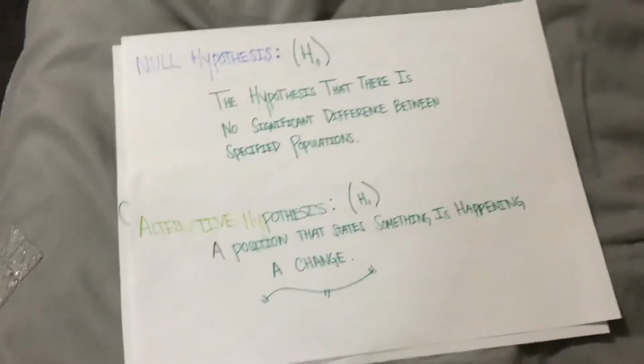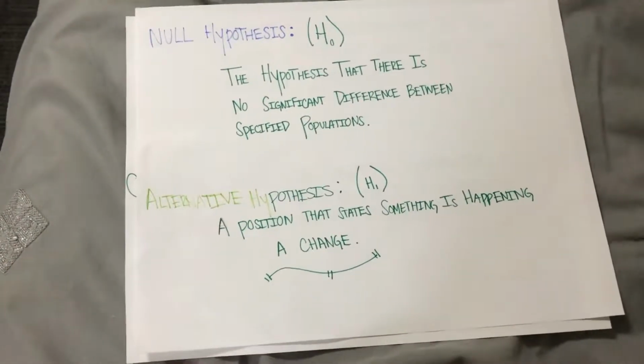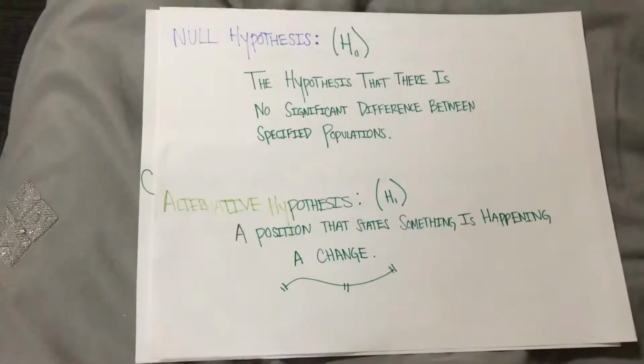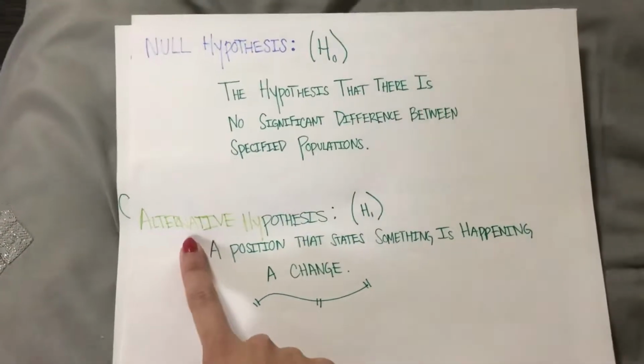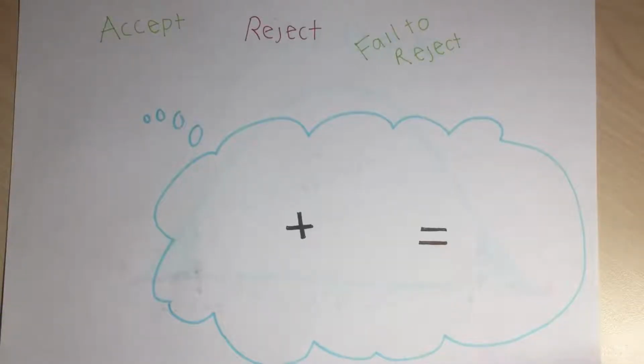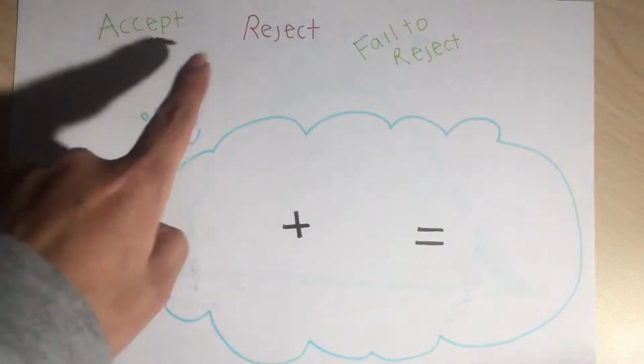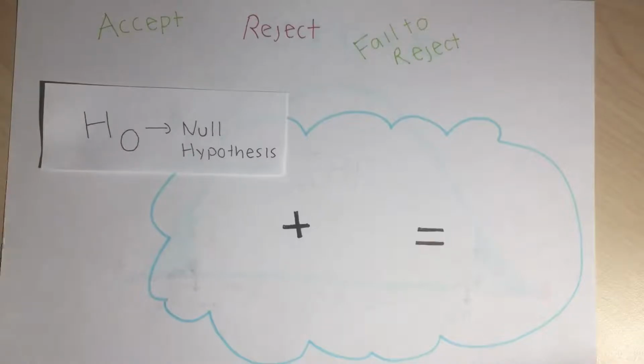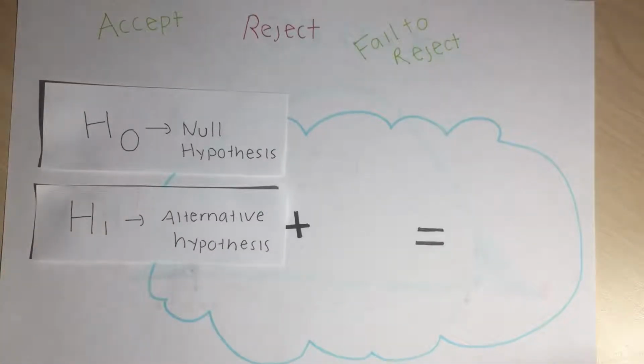Now Abigail will be talking about what it means to accept the null hypothesis in certain situations, or to accept the alternative hypothesis. Hello, I am Abigail, and I'm going to be explaining what it means to accept, reject, or fail to reject the null hypothesis and/or an alternative hypothesis through a fun example.